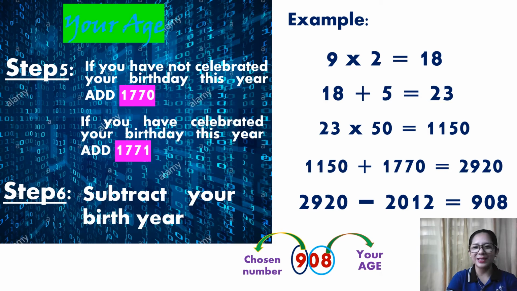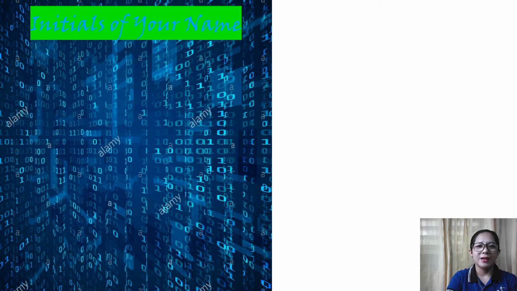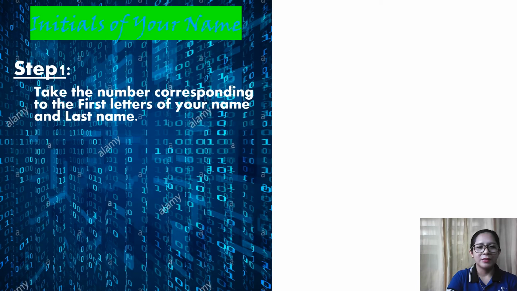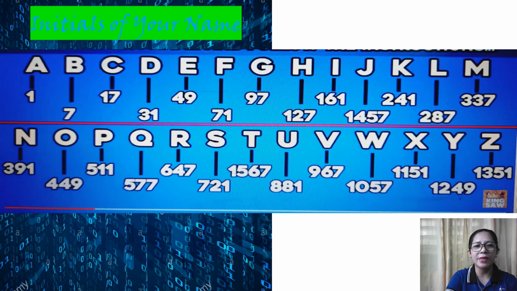Okay. Next is the initials of your name. Take note of this, okay? So we have here, take the number corresponding to the first letters of your first name and last name. So using this, I would like to choose my names for my example.